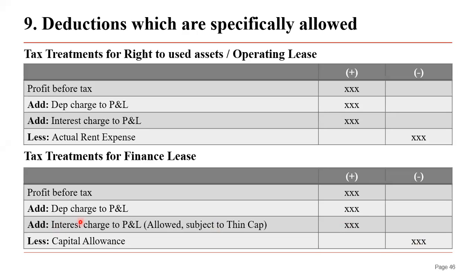Here the learning point is the interest charge to the P&L is allowed, but subject to thin cap adjustment. Thin cap means finance cost adjustment under section 80. This is subject to thin capitalization adjustment.